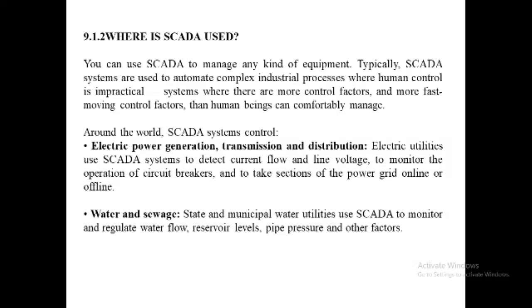Around the world, this SCADA system controls electric power generation, transmission, and distribution. These electrical utilities use SCADA systems to detect current flow and line voltage, to monitor the operation of circuit breakers, and to take sections of the power grid online or offline.